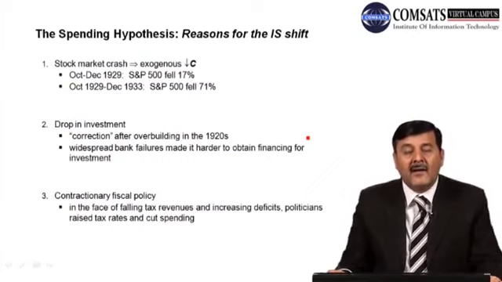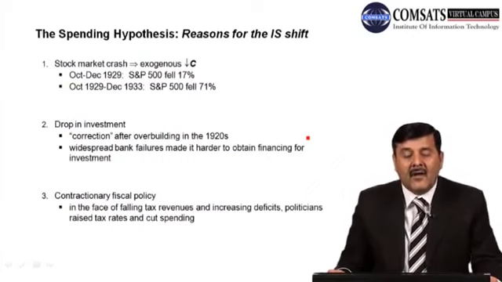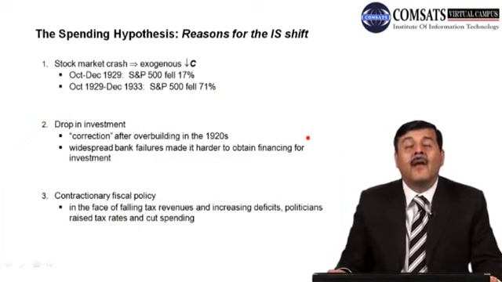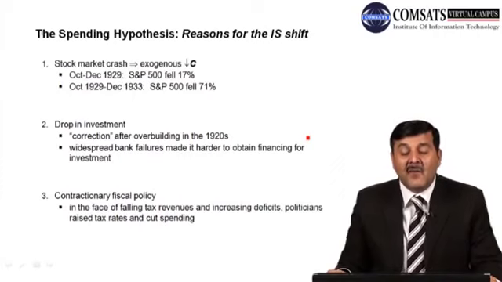In October 1929, the S&P 500 fell 17%, and between 1929 and 1933 the S&P 500 fell 71%.